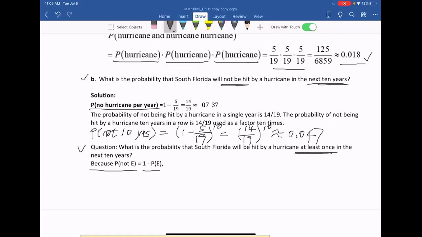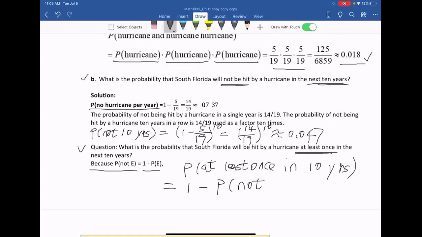That means P of at least once in 10 years equals 1 minus P of never being hit in 10 years.